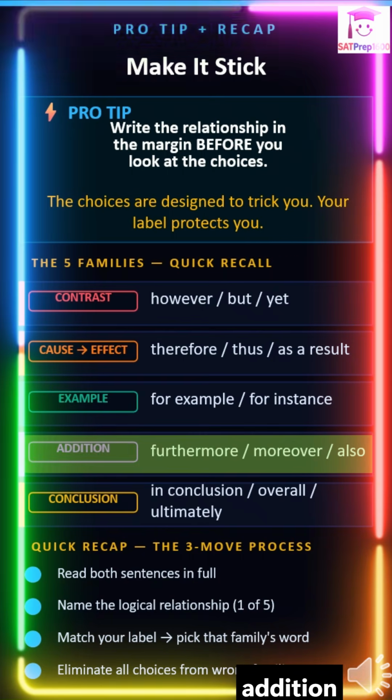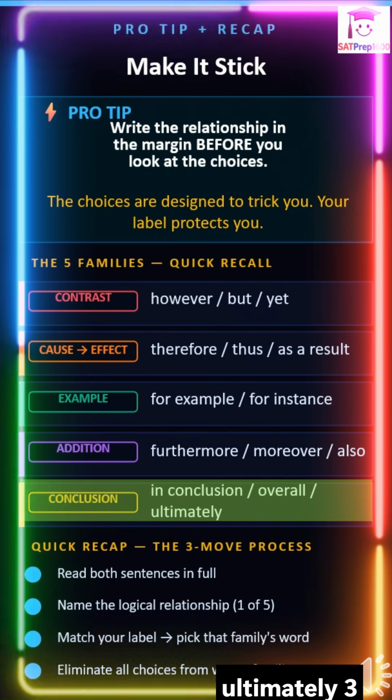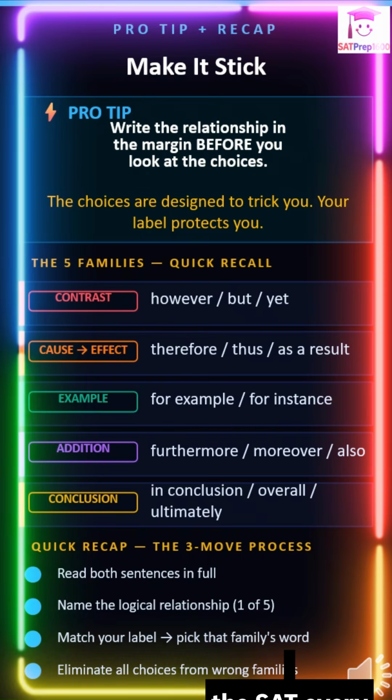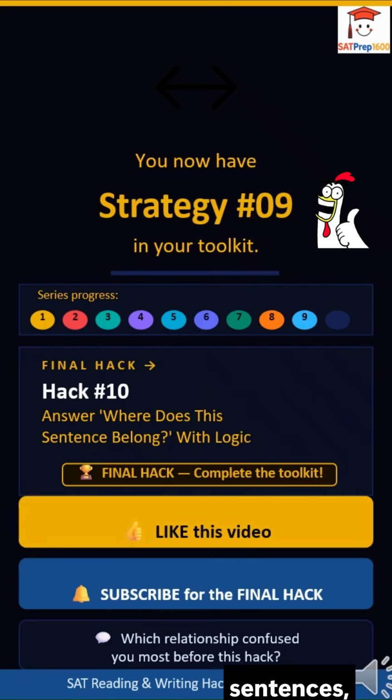Addition: furthermore, moreover, also. Conclusion: in conclusion, overall, ultimately. 3-move process. Read both sentences, name the relationship, match and eliminate. Every transition question on the SAT, every time, in under 10 seconds. Read both sentences. Name the relationship. Match to the family. Eliminate the rest. 9 down. 1 to go.